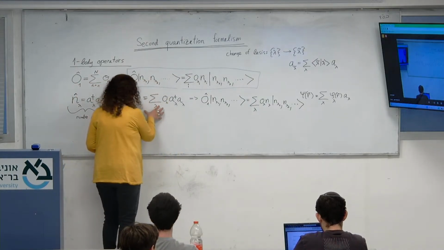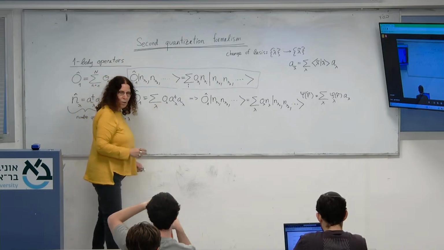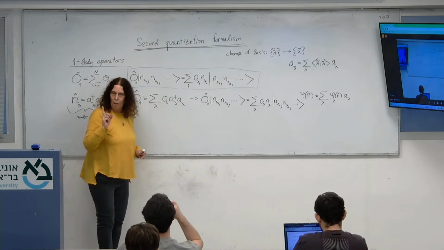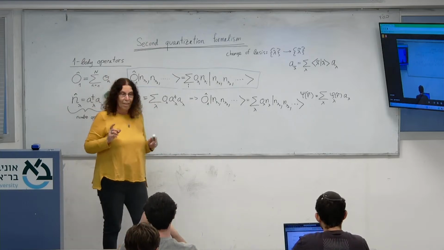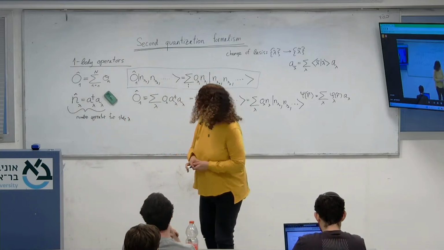It's important that we chose a representation where O1 is diagonal, and that was the reason we got something so simple.